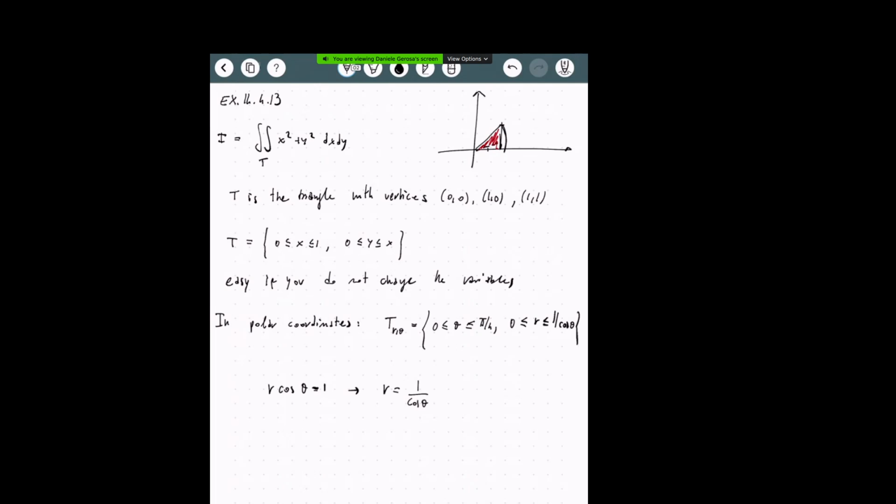Sorry, I got lost for 1 second. So yes, I basically solved this triangle here that I'm painting in black, right?